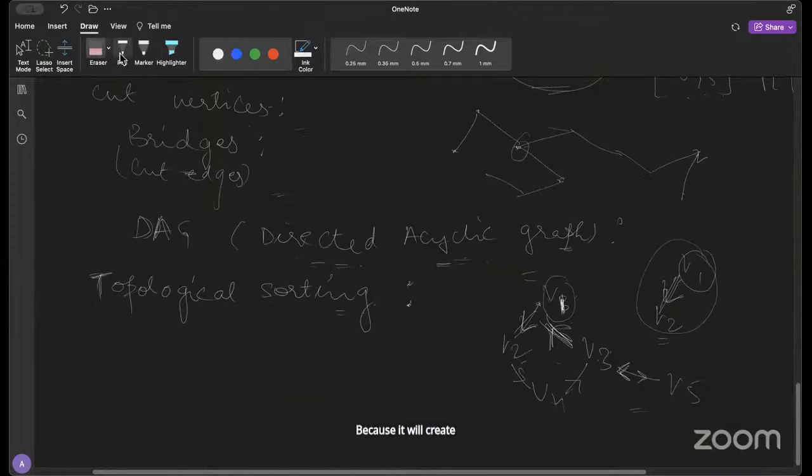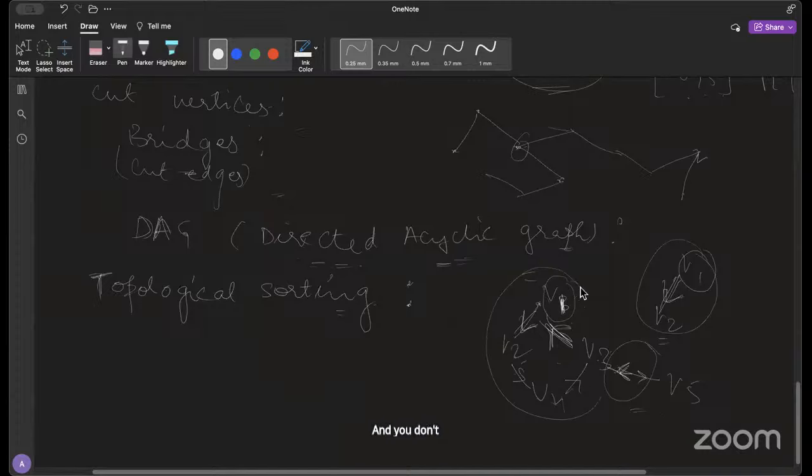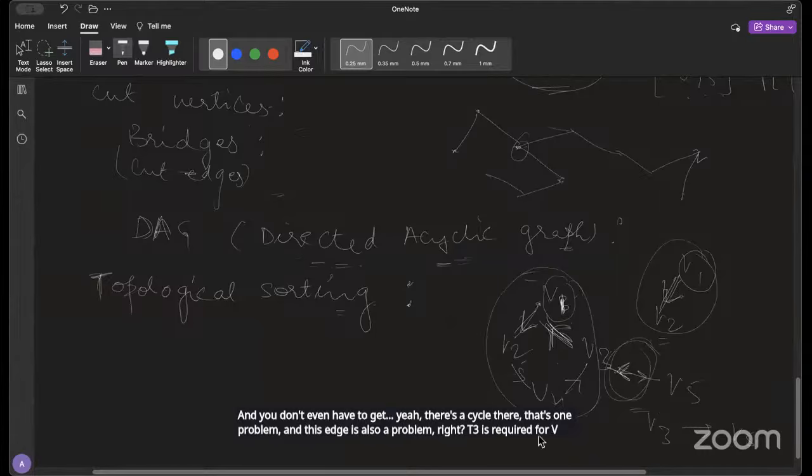Both are depending on each other. V4 is essential to go through V5 because there is an arrow from V4 to V3, and there's a cycle there. That's one problem. And this edge is also a problem, right? V3 is required for V5, V5 is required for V3. So you can't just start.